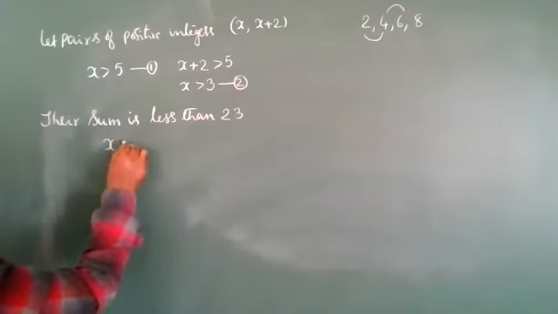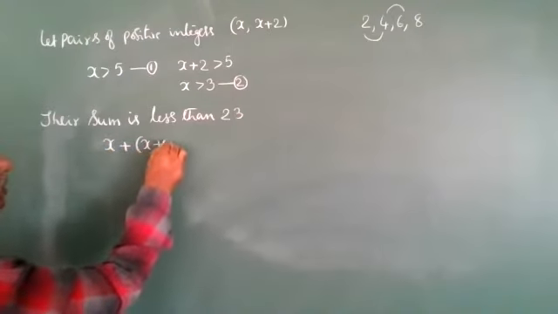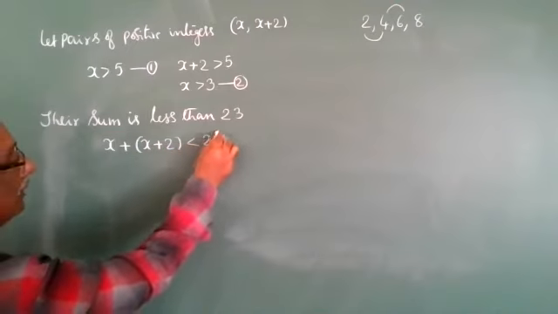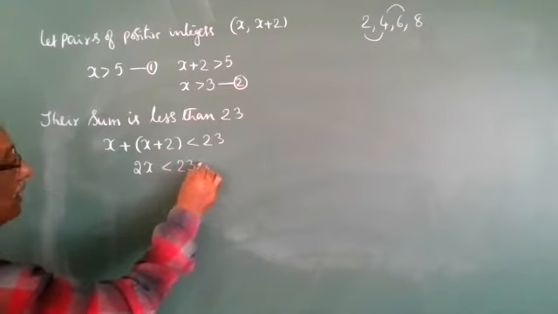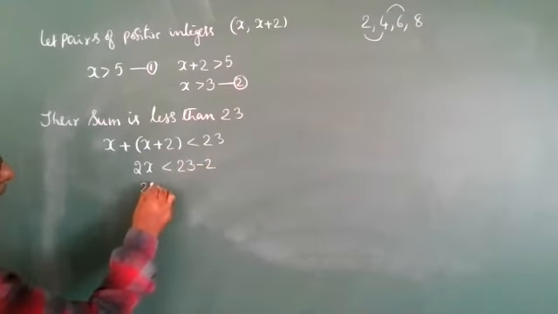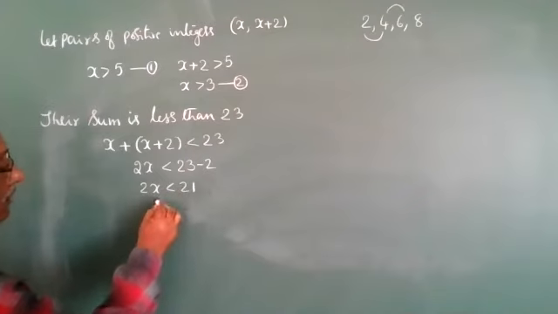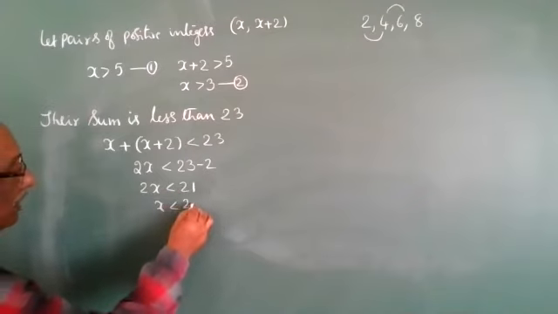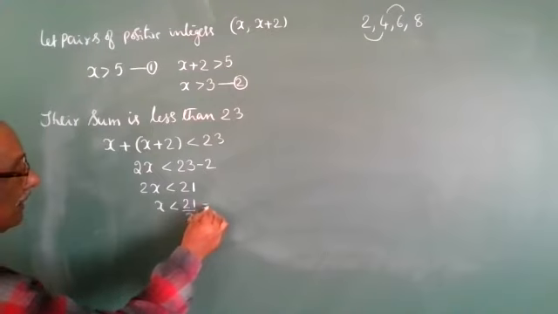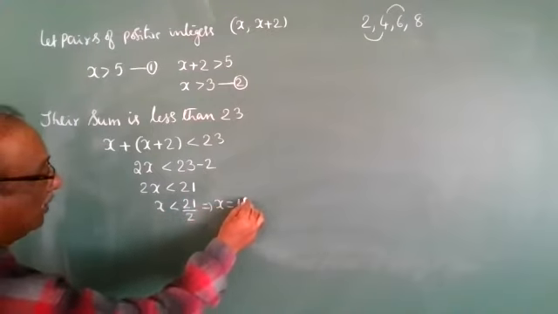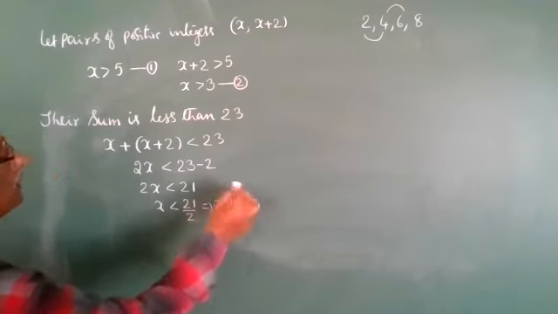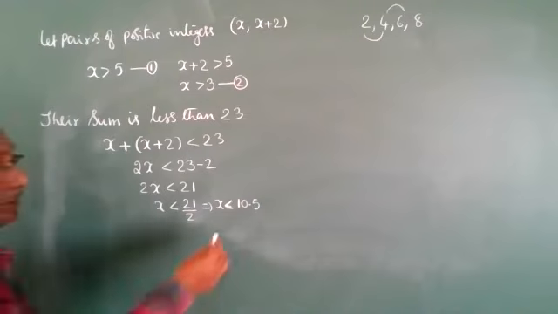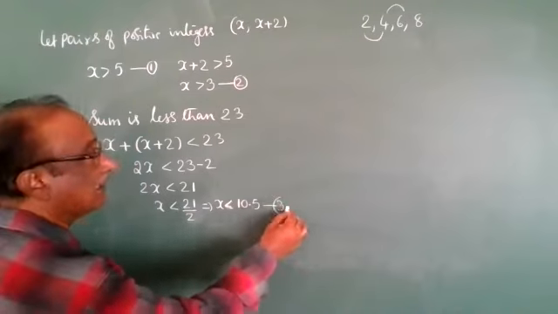So x plus x plus 2 is less than 23, 2x is less than 23 minus 2, so 2x is less than 21, x is less than 21 by 2, that is x is less than 10.5. Let it be equation number 3.